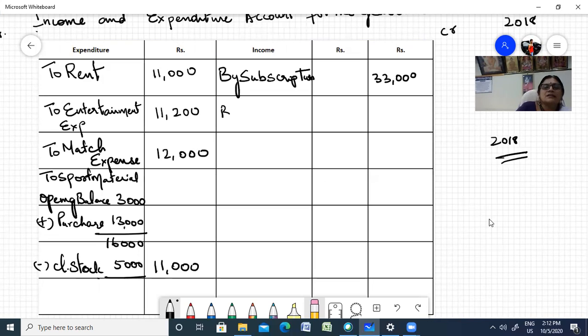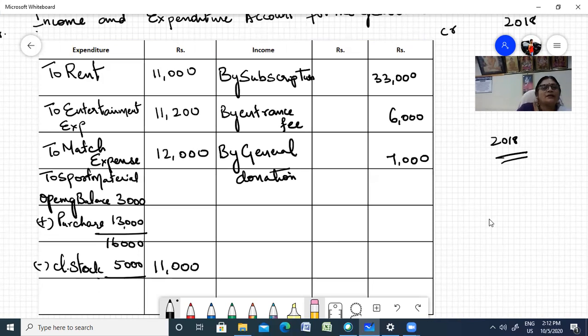By entrance fee. Entrance fee was 6,000. Right. By general donation. By general donation is 7,000. By sale of old sports material.